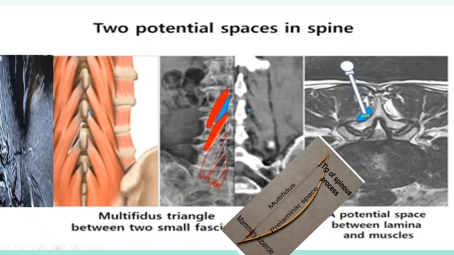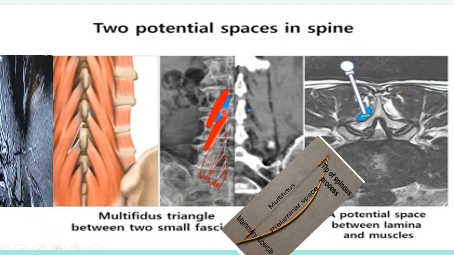Then coming to the philosophy of UBE: there is no hollow viscera like the abdominal cavity or urology, and in the spine there is a potential space known as the prelaminar space, and one muscle, the multifidus. It has an interfascicular space.